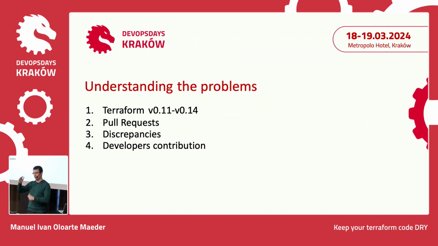Then my personal issue was with the pull requests. When someone launches a new service, they create a pull request with lots of files. And then they will do the same pull request for the next environment. So I will have to review the very same thing, which was kind of a waste of time.